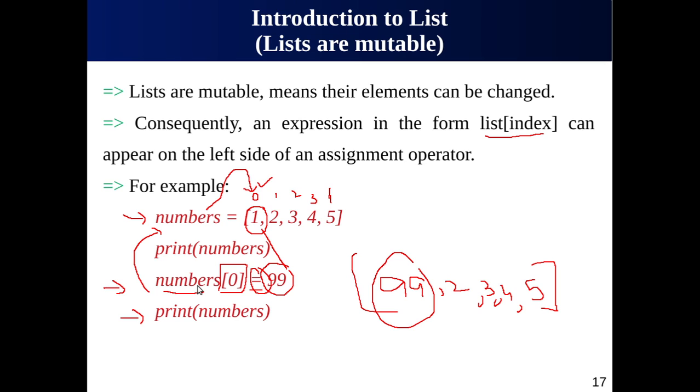It means that lists are mutable. You can change any element of the list by using this operator. So here the statement assigns 99 to the list numbers at location 0.